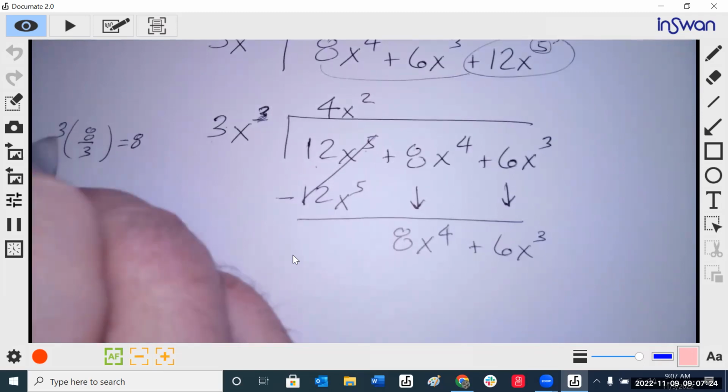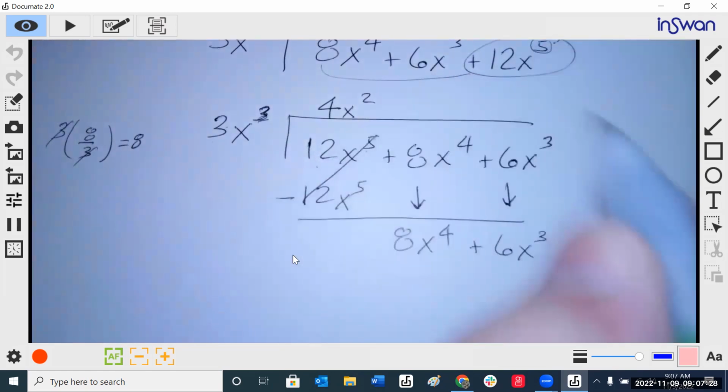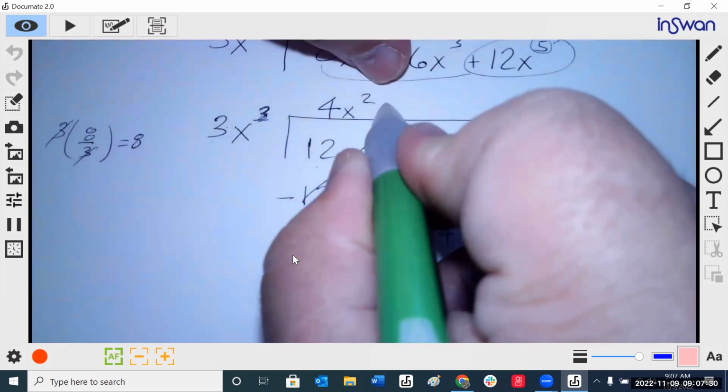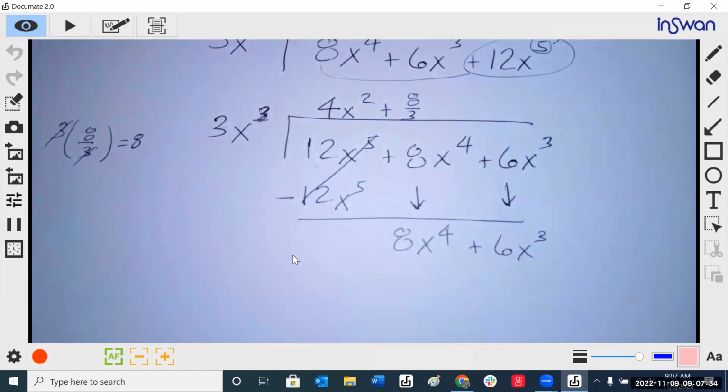Eight over 3, because 3 and the 3 cancel, leaving 8. So what you have here is a positive 8 over 3. You're right, it goes in there twice, but we want fractions instead of decimals.